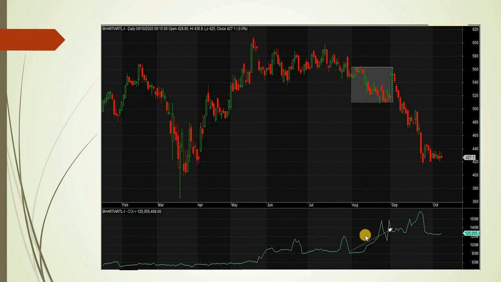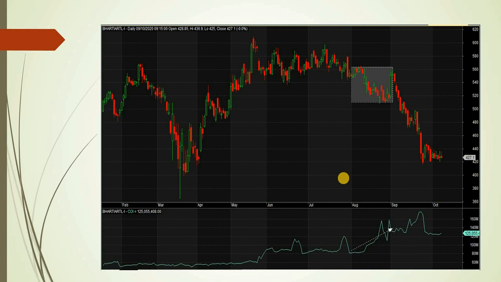But during this period, OI shot up from 80 million to about 125 million. Now we know that there is extra participation of traders in this stock, and the stock can take a big move either side in the short term.